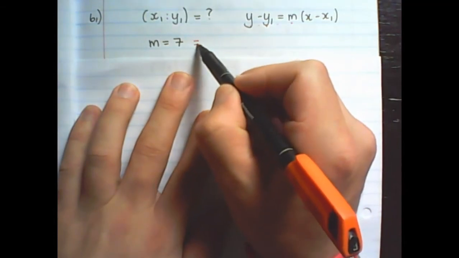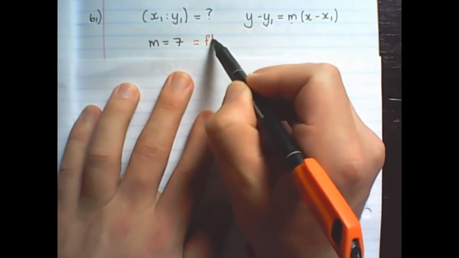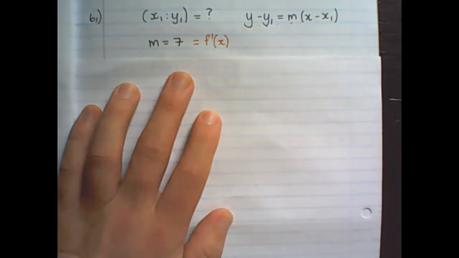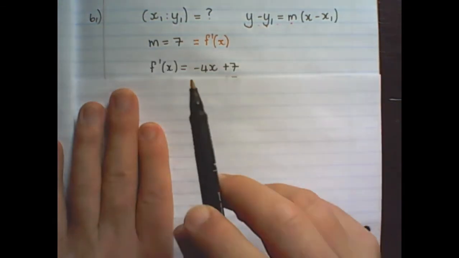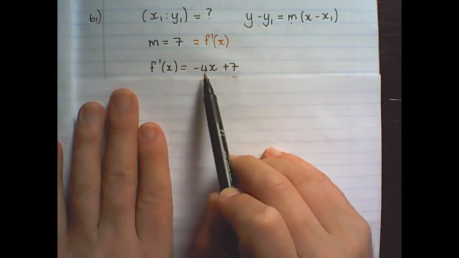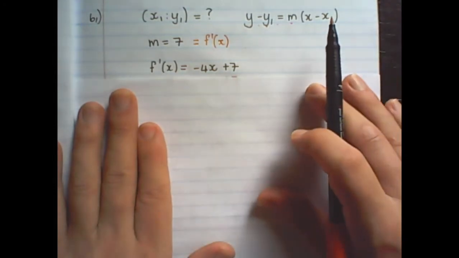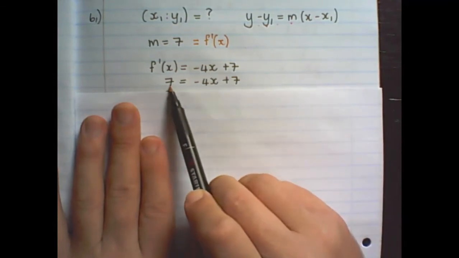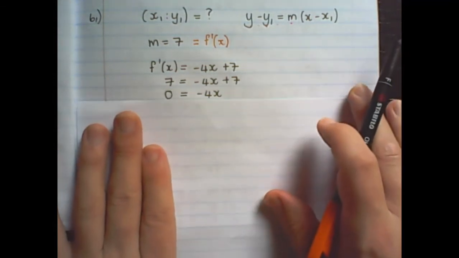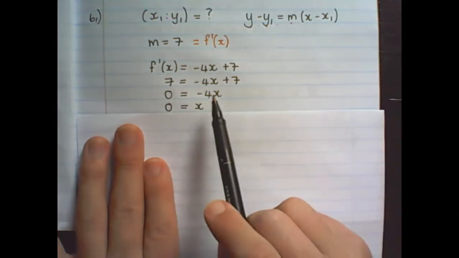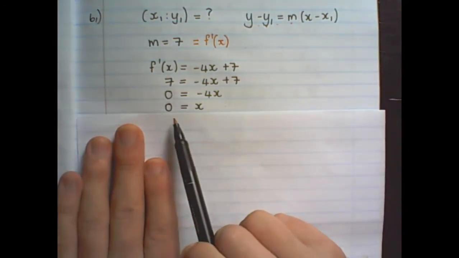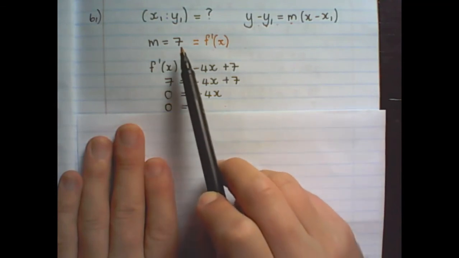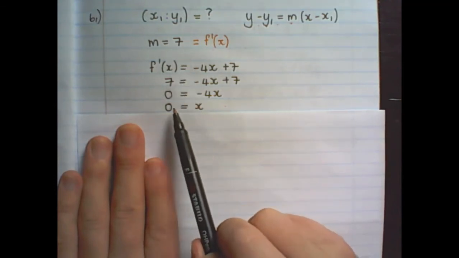And from previous lessons, we also know that the equation of the gradient is the derivative of f(x). The derivative of f(x) is negative 4x plus 7. So that gradient is equal to 7, and therefore I can solve for x, which is 0. So the gradient of the tangent line would be equal to 7 where x is equal to 0.